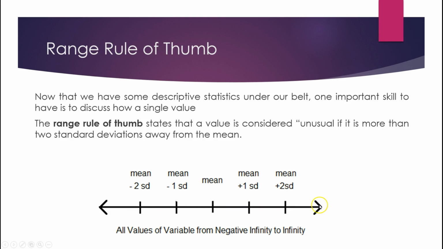There are arrows at the end of these because in theory, we're going to consider every single value from negative infinity to infinity, even if it's not possible. We will talk about why this is okay as we go on, but every time we look at a data set, we consider that the values could take on negative infinity to infinity.